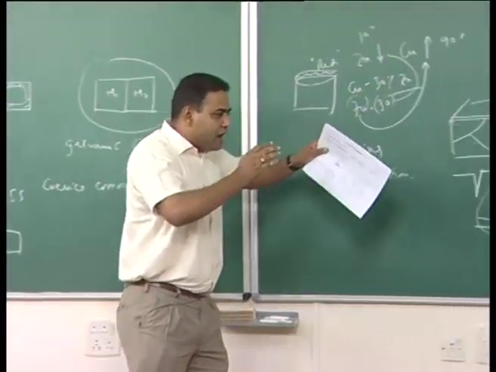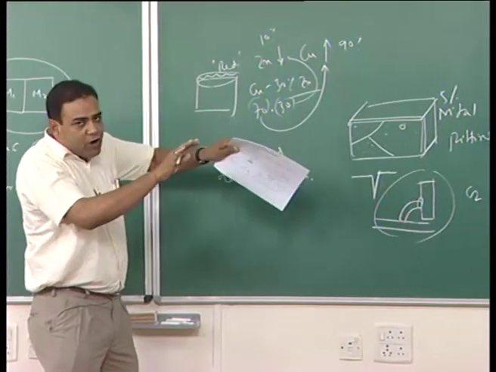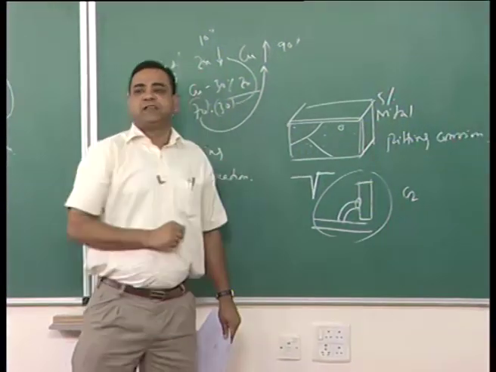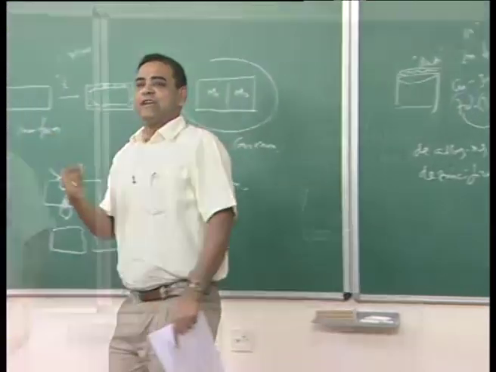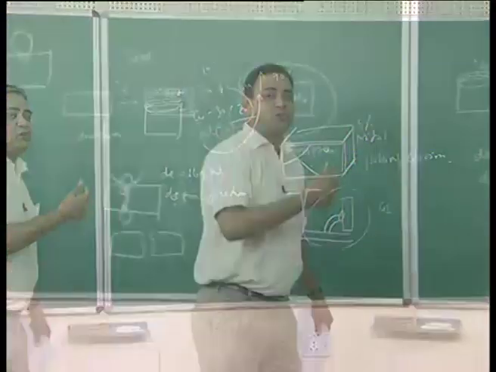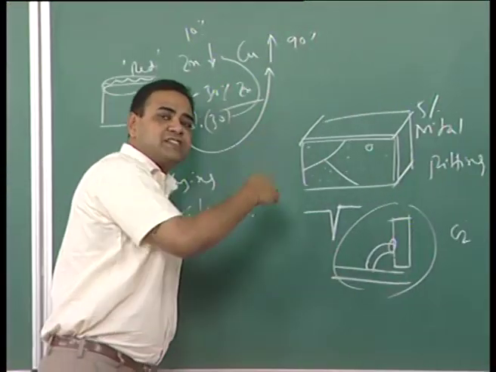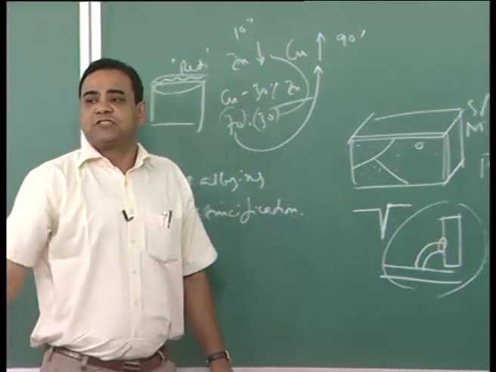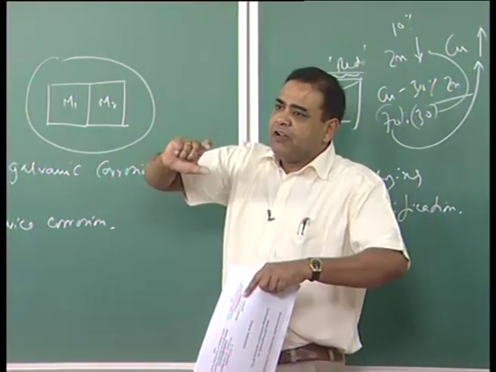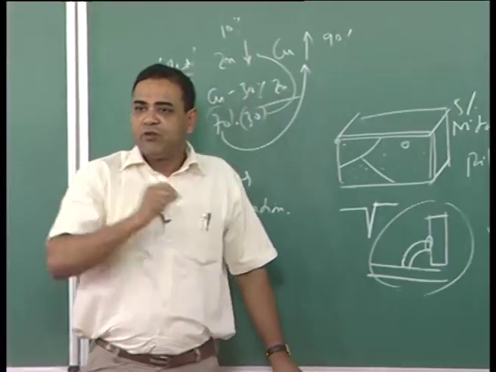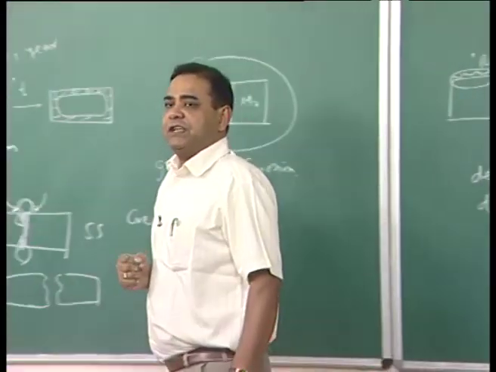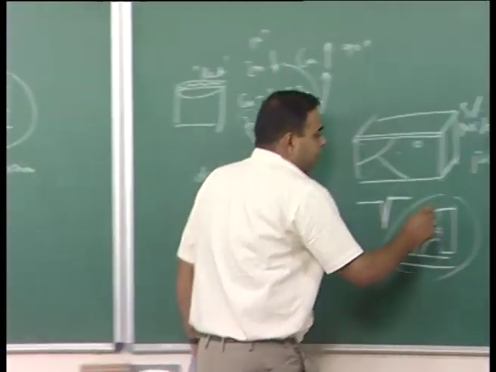If you have a fretting action, the oxide will move out and expose fresh material. Fresh material again gets oxidized, and that oxidation again leads to breaking of the oxide scale, and then fresh material is exposed again. This happens continuously, so you have continuous loss of material. So it is called fretting corrosion.